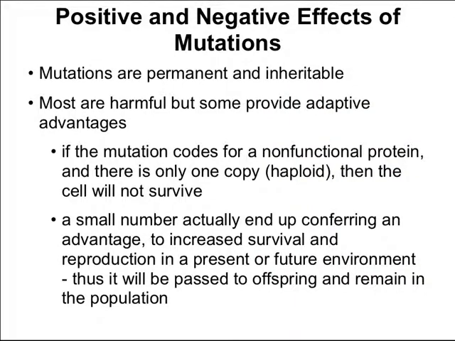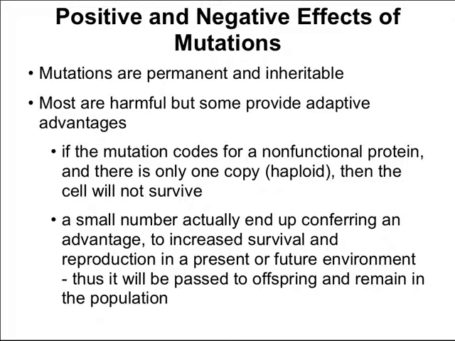Many mutations are not repaired by the cell's mechanisms for repair, and how they're managed really depends on the nature of the mutation. Most mutations are permanent and inheritable, and most of them are harmful, which cause the bacteria to die. However, some do provide adaptive advantages.